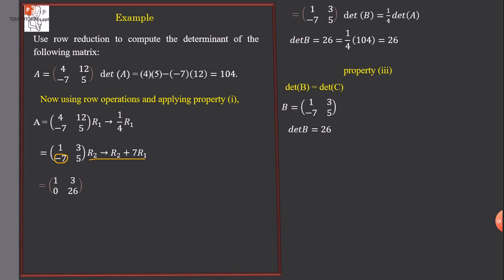Let's say this is B, and the resultant matrix that we have here is C. The determinant of B, 26, should be equal to the determinant of C, 26.